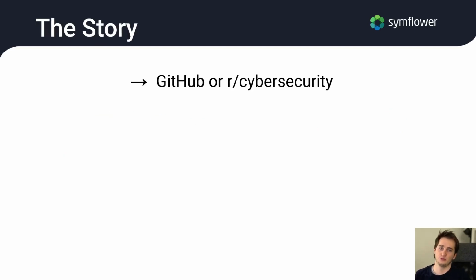But we can assume we published this somewhere, to GitHub or on Reddit or in our programmer Discord group, for people to play around with and to maybe reverse engineer.